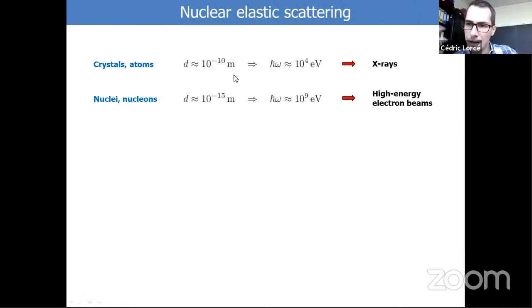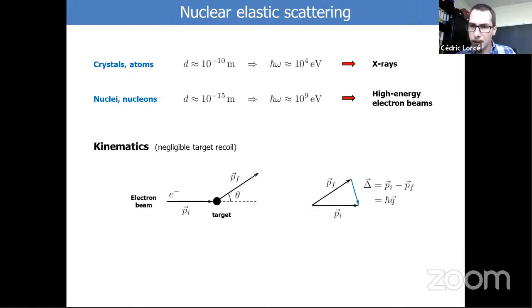But now if you want to use the same idea or similar techniques to study the spatial distribution of charge for nuclei or even nucleons, it's a completely different scale because you are at least 5 orders of magnitude smaller, which means you need 5 orders of magnitude higher energy, and you cannot easily produce and control electromagnetic waves with such energy. So that's why people, instead of doing scattering with X-rays or electromagnetic waves, use scattering with electron beams. It's very easy to accelerate electrons and reach such high energies.